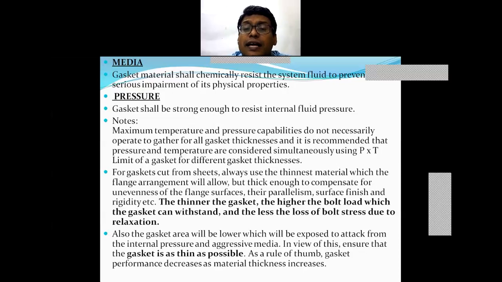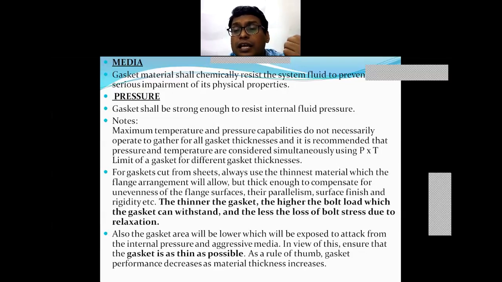So the thinner the gasket, the higher the bolt load. Thinner the gasket, I will require a higher bolt load for tightening. And if the gasket is able to withstand that load, then it is well and good.